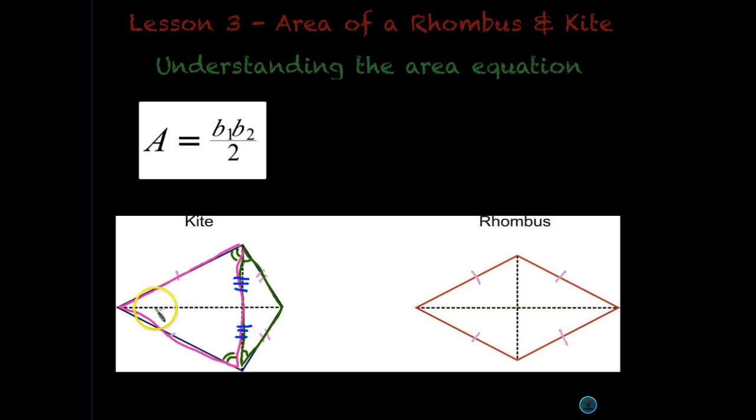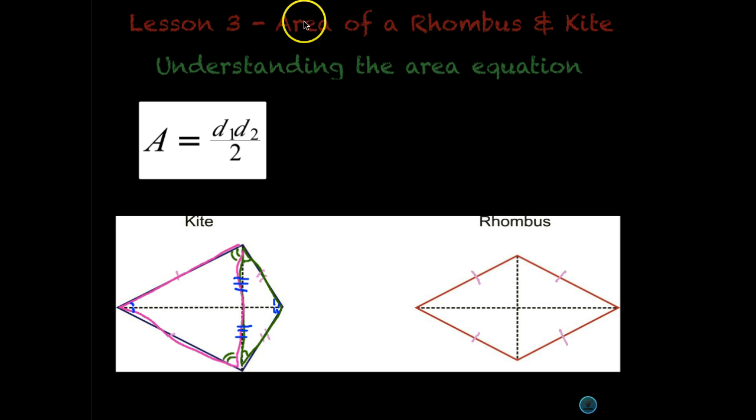Now, the other diagonal obviously does not always split the long diagonal into two congruent pieces. It does, however, split the angles into two congruent angles, here and here, and here and here. That's not going to be as important for our lesson today as knowing that the long diagonal splits the short diagonal into two congruent segments.